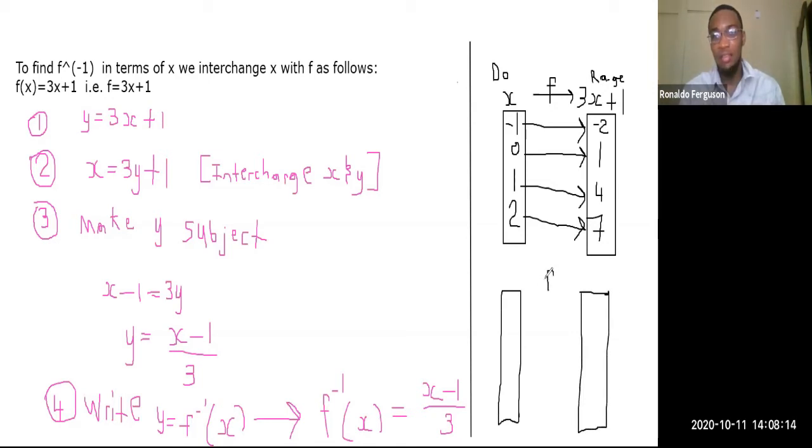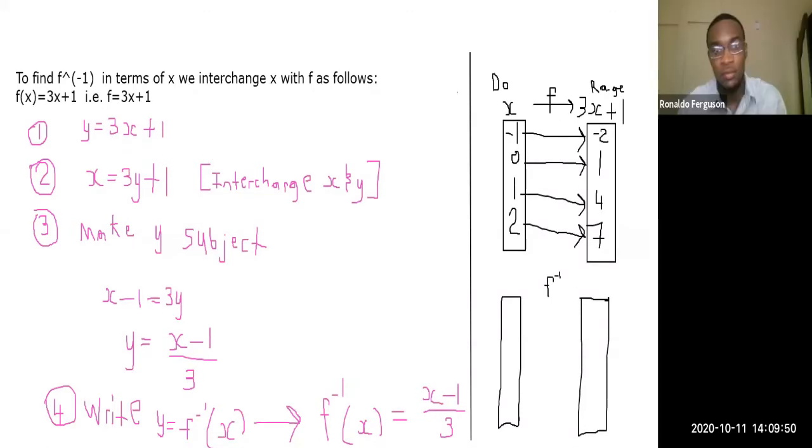So this is f inverse. The inverse function maps the range back onto the domain. That's what the inverse function does.